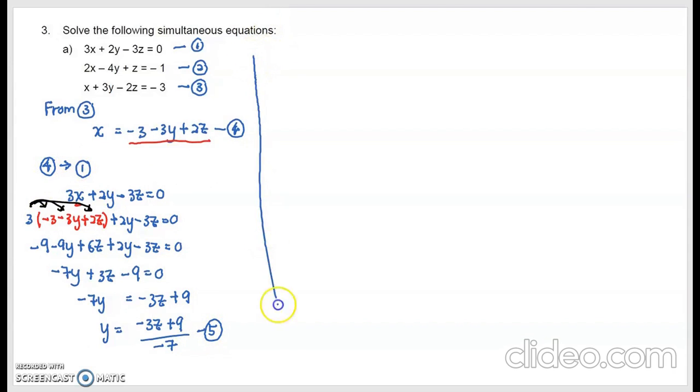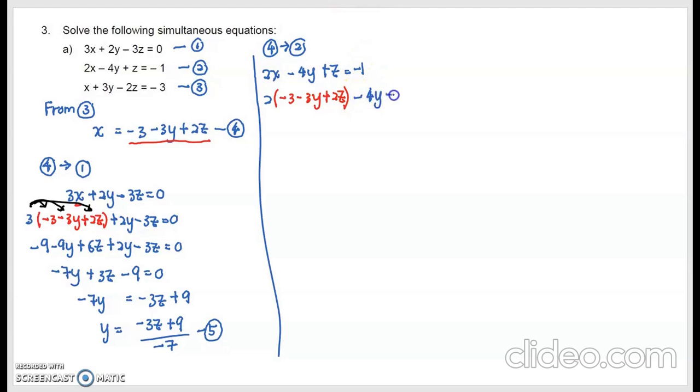Next, I will substitute equation 4 into equation 2. Now 4 into 2. So 2x minus 4y plus z is equal to negative 1. So it will become 2 times, where my x again is negative 3 minus 3y plus 2z, minus 4y plus z is equal to negative 1.